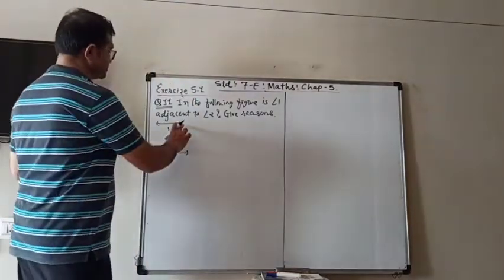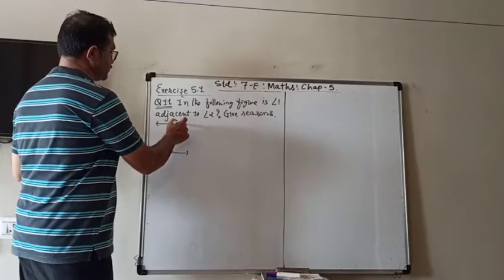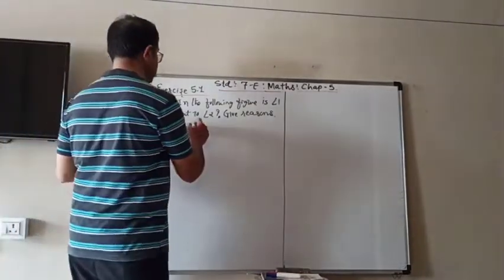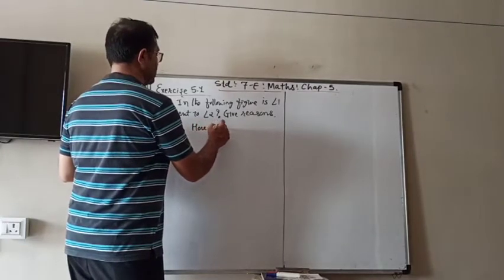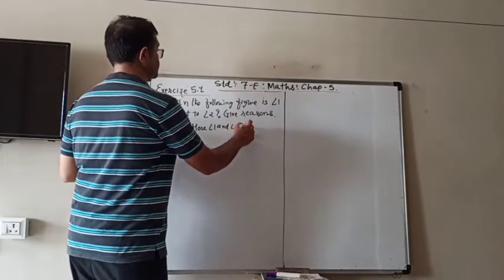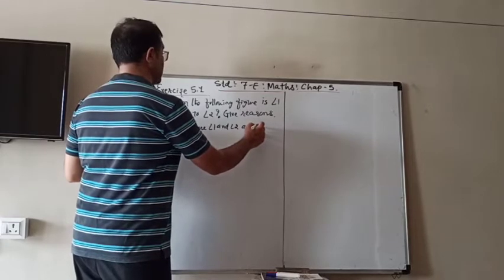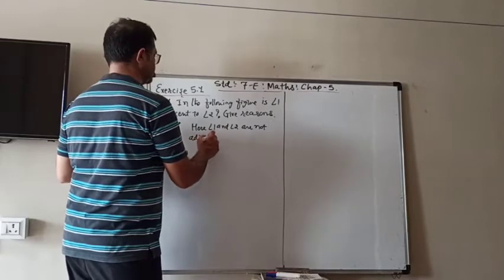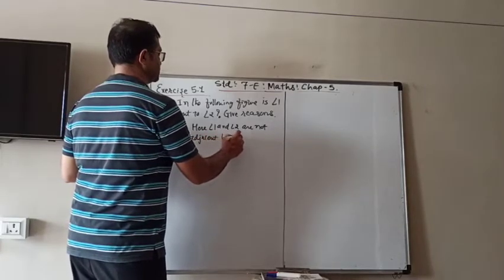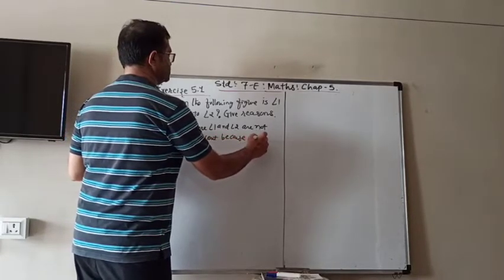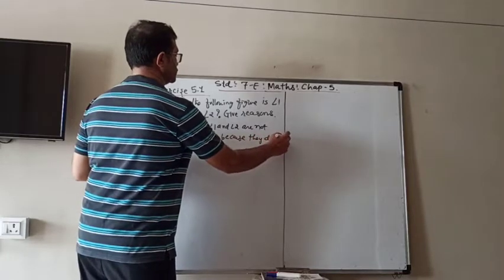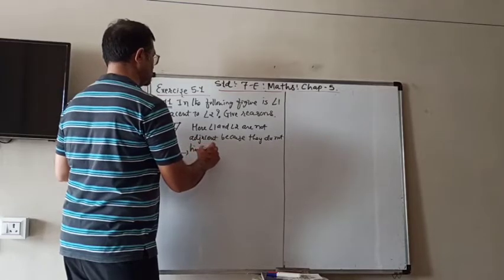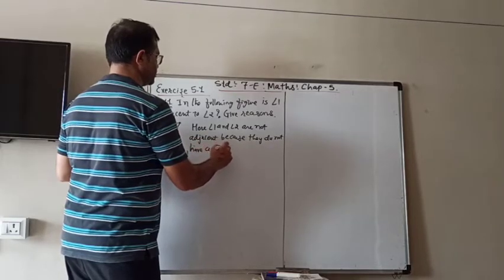Here you can see that there is a common arm, but the vertices are not common. So we can say that here angle 1 and angle 2 are not adjacent because they do not have a common vertex.